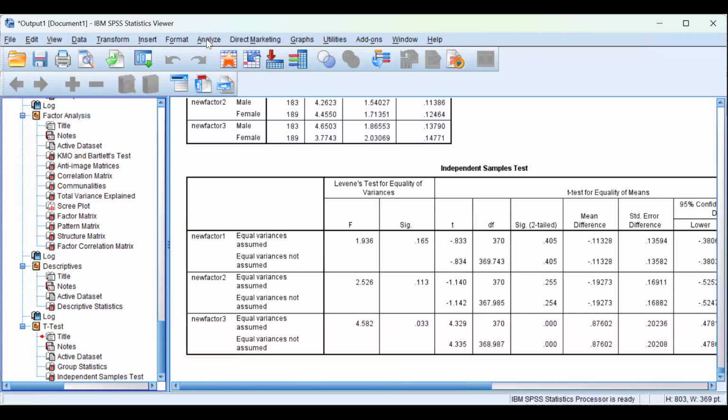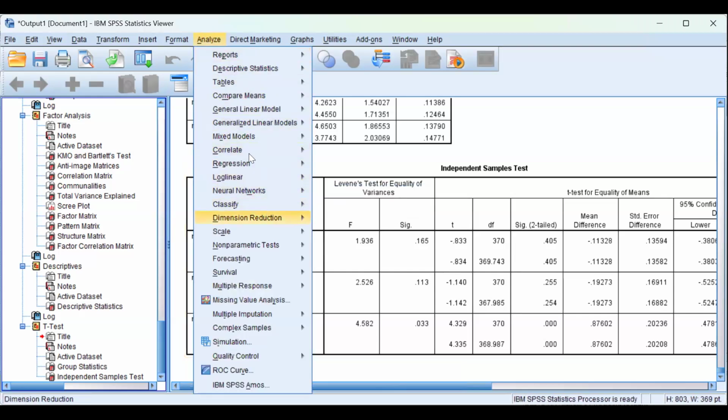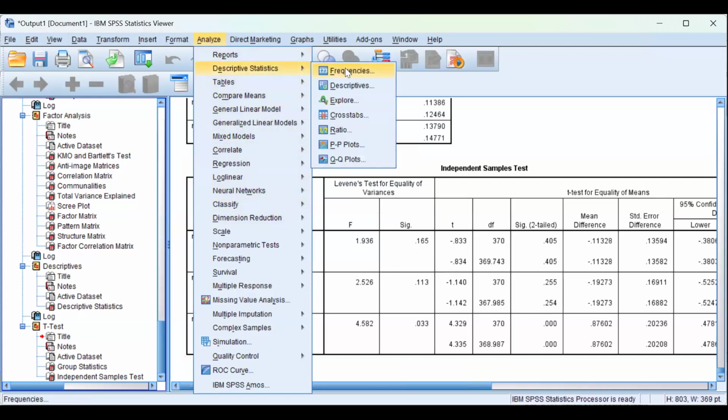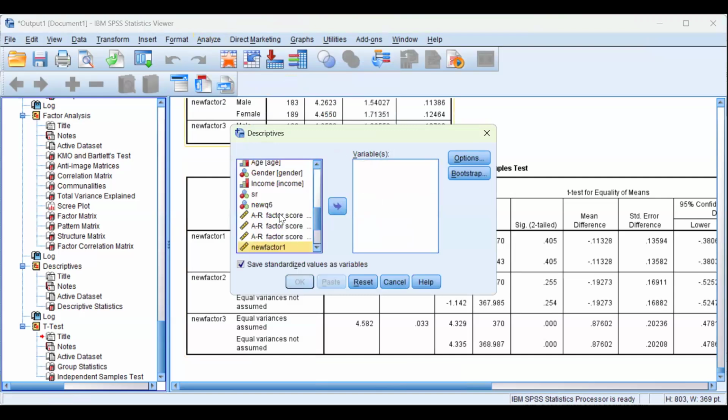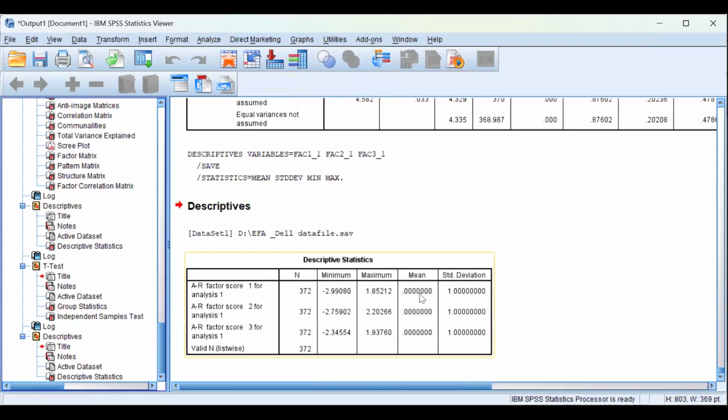Otherwise, why I did not consider those scores, that also I will show you. Because for all of them, the mean and standard deviation, suppose I'm taking these 3 now here, and I say, okay. Can you see here? Mean is 0. Output sheet, can you see the output sheet here? Mean 0 and standard deviation 1.